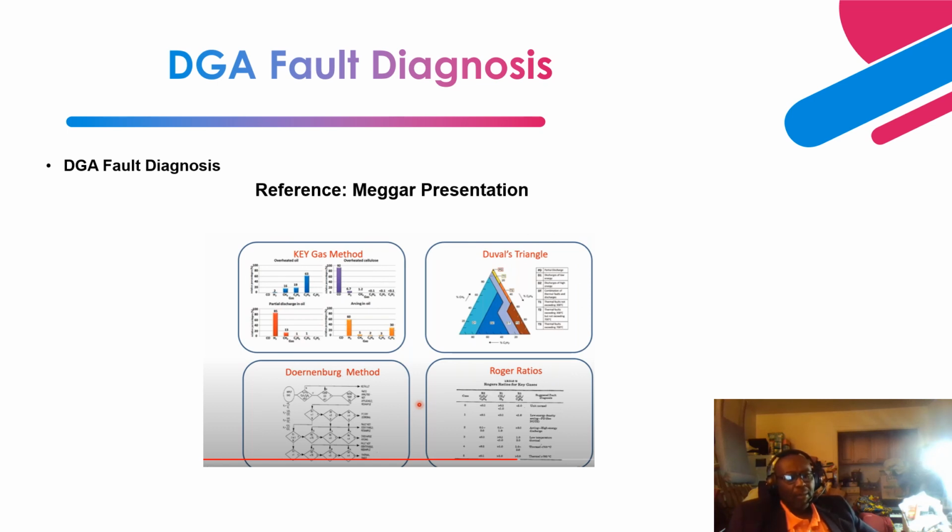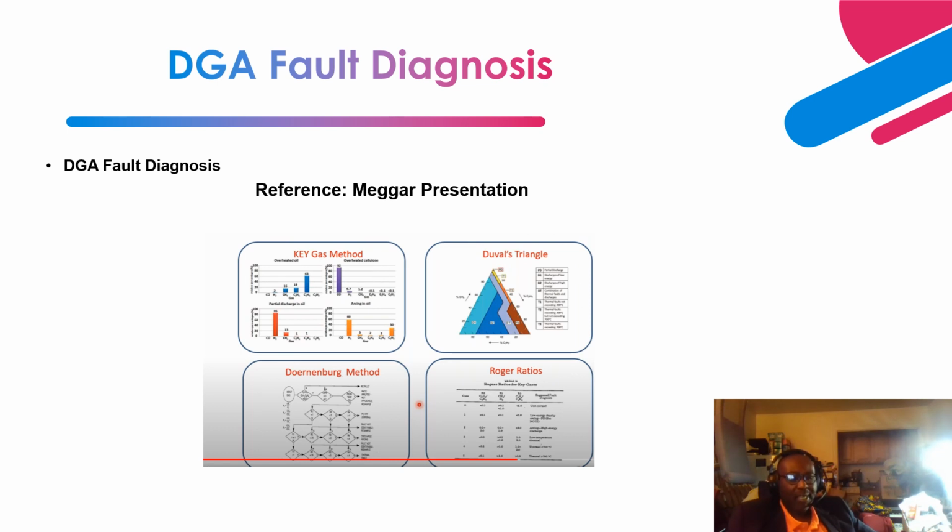So once you identify severe gassing, combustible gassing condition, that is when you move to the next step or level to utilize any of these schemes to identify a problem with your transformer, right?